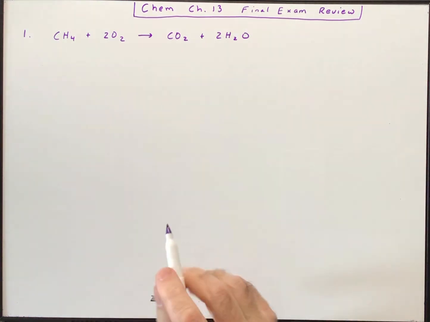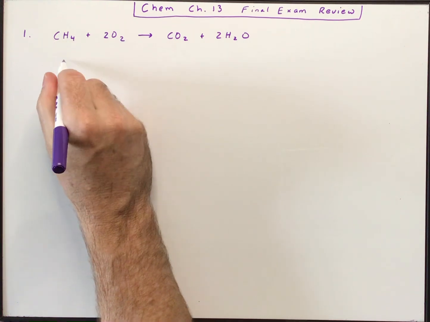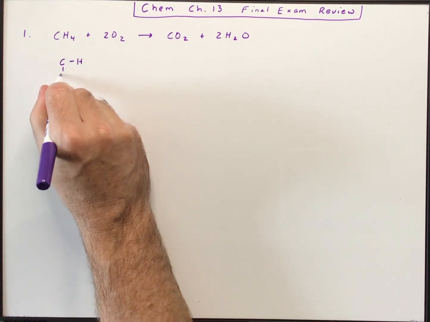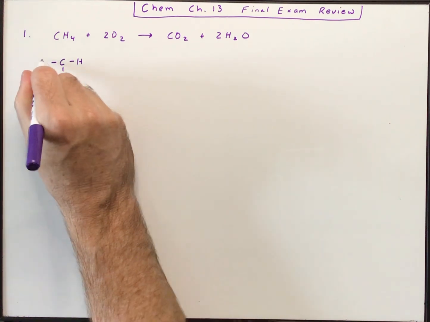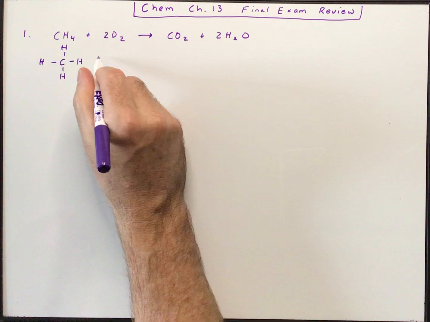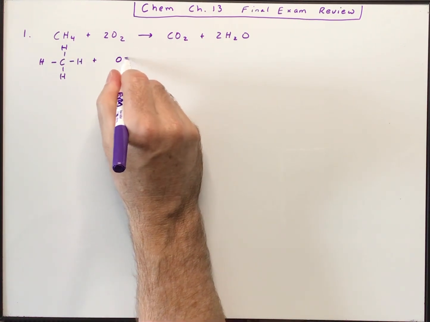Now we need, with the bond energy method, to have the Lewis structure. So for CH4, you'd have a carbon in the center and then 4 single hydrogen bonds. And then for oxygen, O2, that's a double bond.